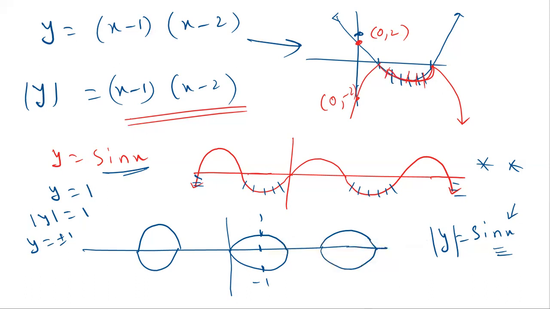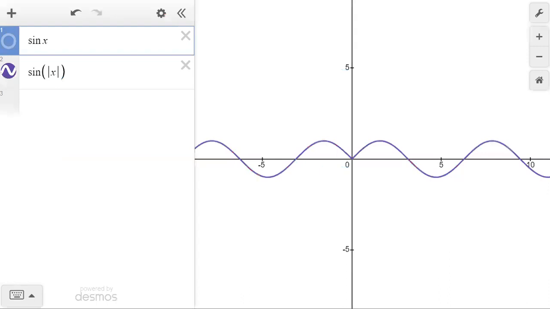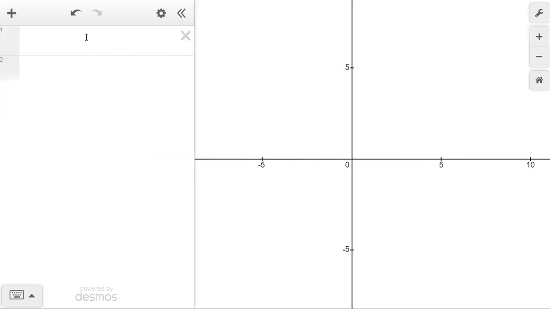Now we'll see some graphs in Desmos also. Let me consider some graph in Desmos so that you can see the changes also. You take any graph you want, but I am taking here, let's say, cos x.